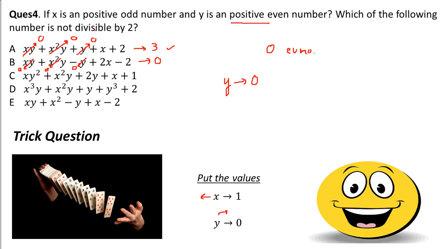And when the question asks which of the following is an even number or odd number, taking the value 0 or 2 doesn't affect the answer choices. So we can directly put the values, that is x equal to 1 and y equal to 0, and quickly solve the question rather than checking that even multiplied by odd is even and then checking odd plus odd is even and performing the complex tasks again and again. Directly use x equal to 1, y equal to 0 and get the answer.